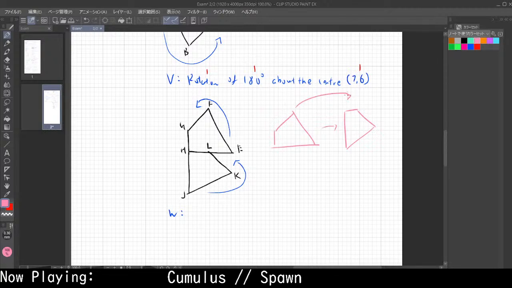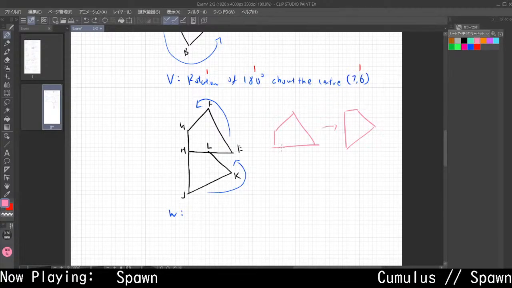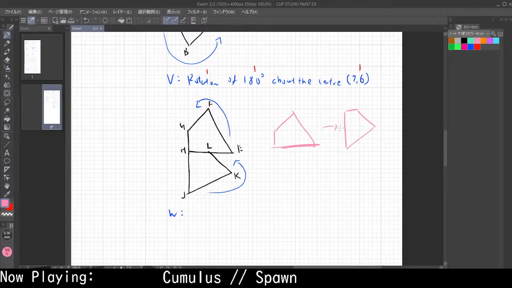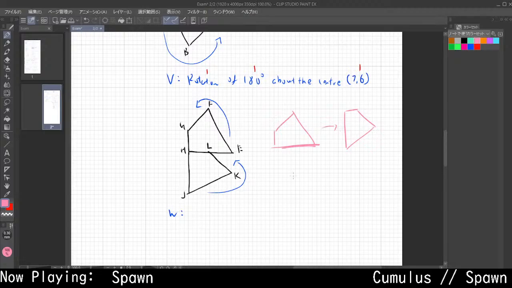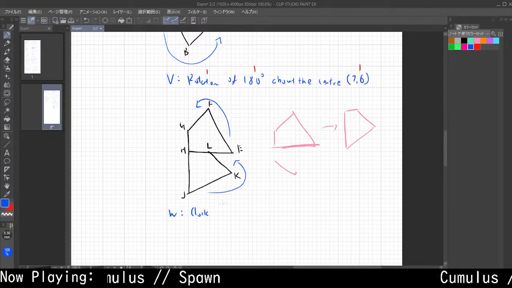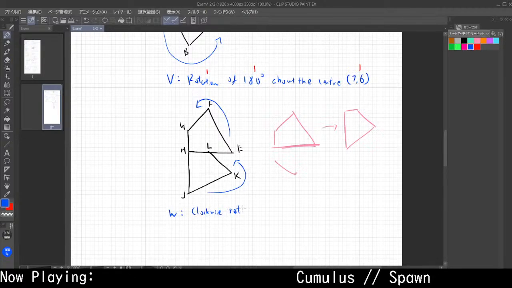Then it went clockwise, because your original 2 unit line is on the bottom, and then your image is now on your left, so bottom goes to left is one single turn, and from here to this direction is clockwise, therefore it's one single 90 degrees clockwise. Therefore we will write clockwise, because in this case it matters whether it's clockwise or not, so we will write clockwise rotation of 90 degrees.